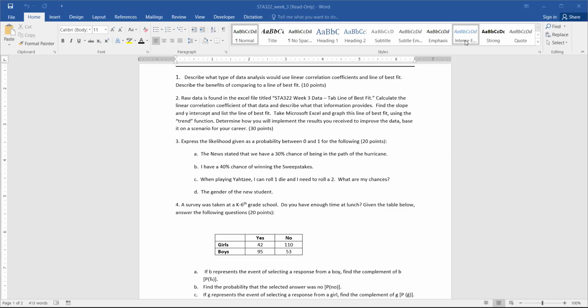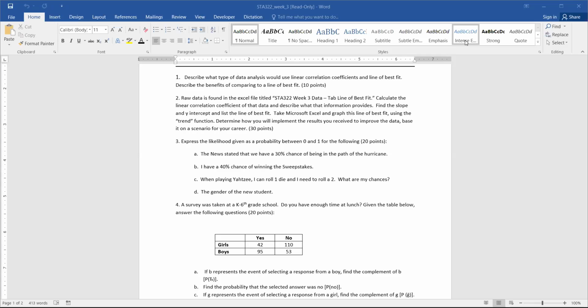Complements are funny, and the questions are funny. We can ask questions like, what if we randomly chose a response, what would be the likelihood that it would be a girl saying no? Right? So we can calculate that.